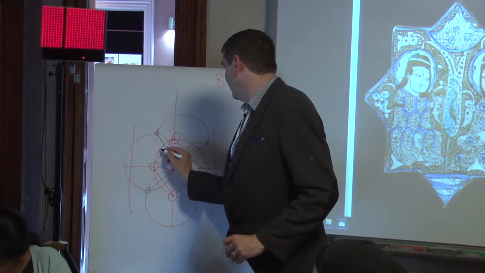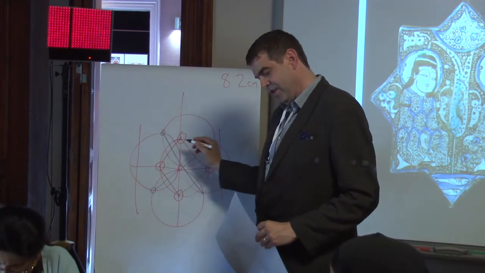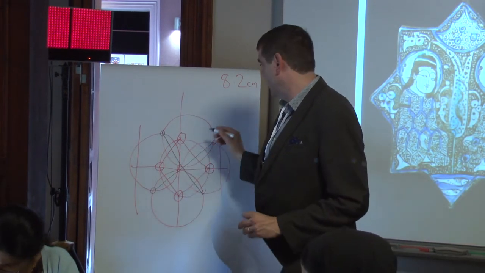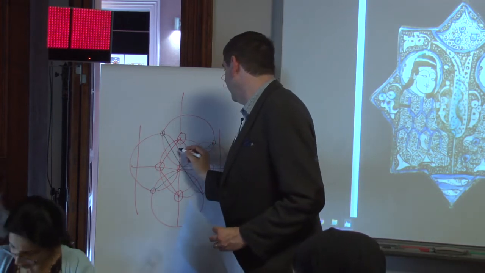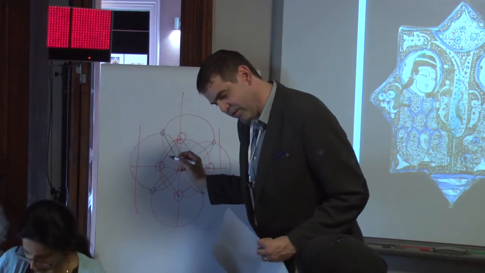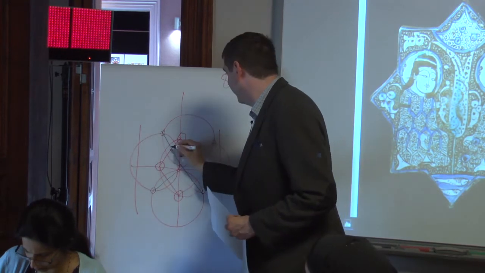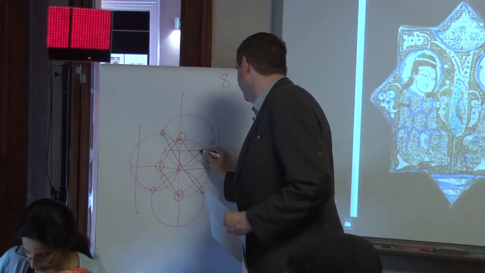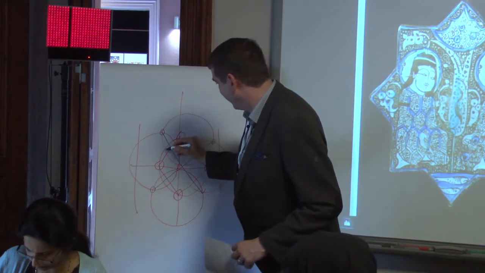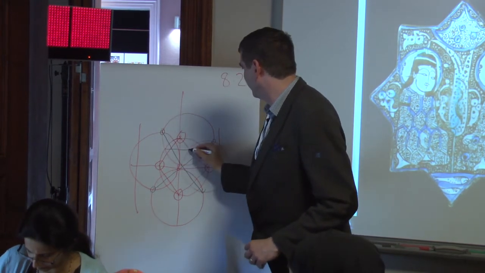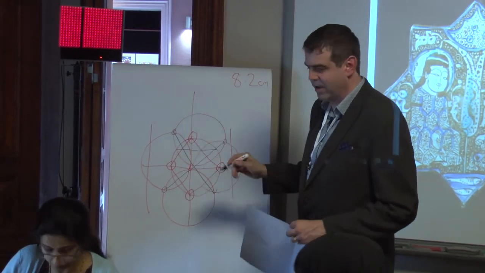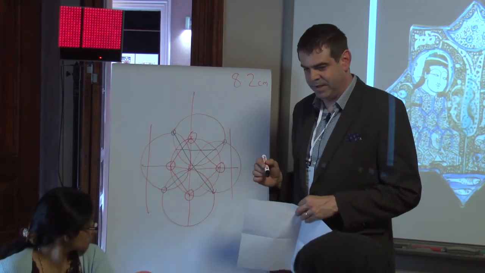And then next we're going to draw the line across to get our 8-pointed star. So it's this line that goes across and meets there, your 8-pointed star.